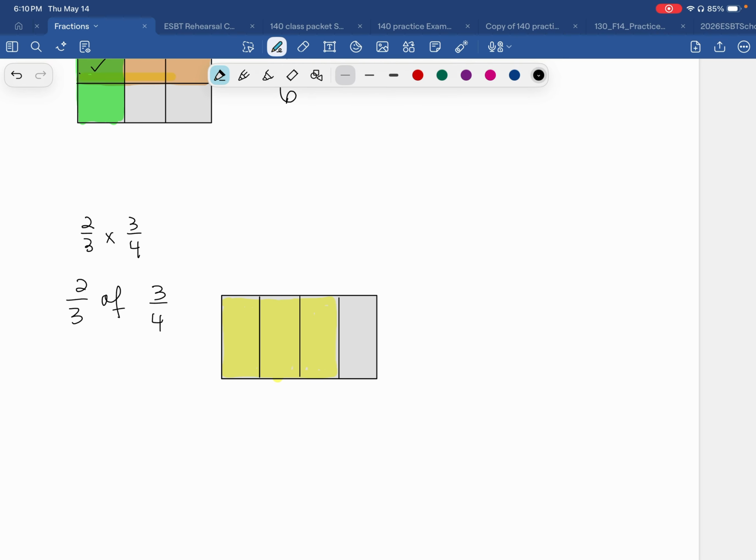Okay, that's my 3/4. Now I want 2/3 of this. So I'm going to cut that same whole, or really just my shaded part, into 3 equal pieces. Because I want to take that 3/4 and make it into 3 piles and keep 2 of them. So there's my 3 rows, and I'm going to keep those top 2.